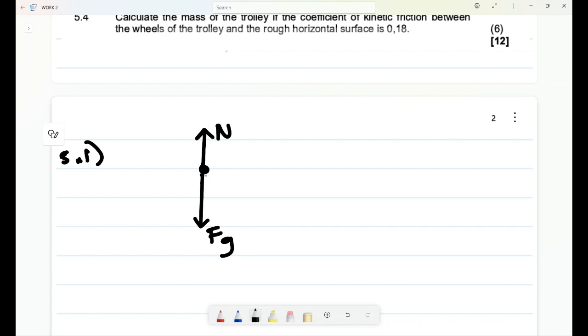And now we have friction. Now our object is moving in that direction, so our friction is going to oppose the motion. We are told it is moving on a rough surface. Again, this is your easy 3 marks.